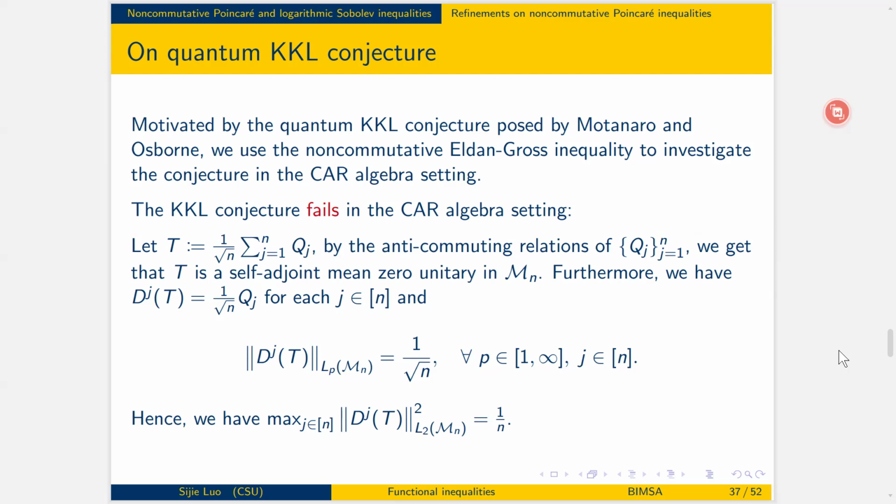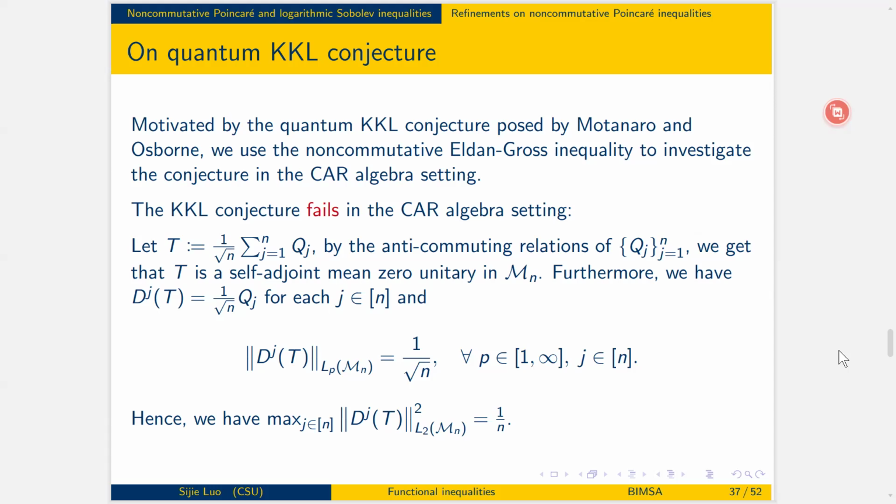So this one becomes 1 over n. It means that the Poincare inequality is already sharp in this way. Okay, we could not improve it in the CAR algebra, but the quantum Boolean cube setting is unknown, while the CAR is quite easy to answer, that this result fails in this setting.